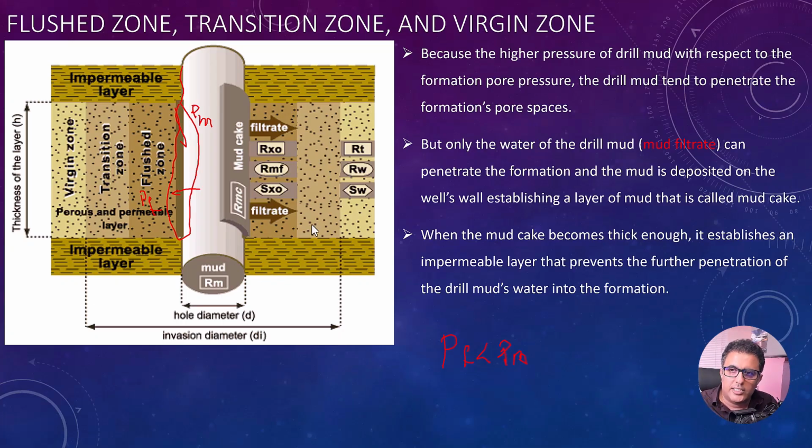And the thickness of the mud cake correlates with the reservoir permeability. So the more permeable the reservoir is, the thicker the mud cake we should observe. So if we look at the reservoir borehole, we're going to see that the thickness of the borehole may vary, something like that.